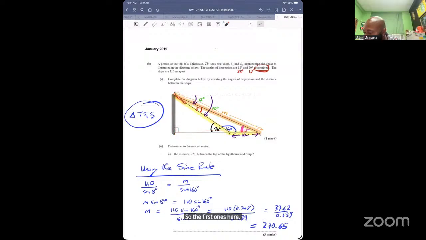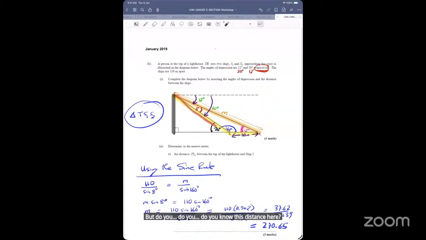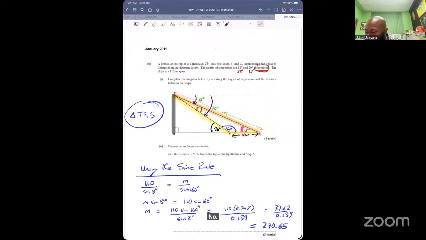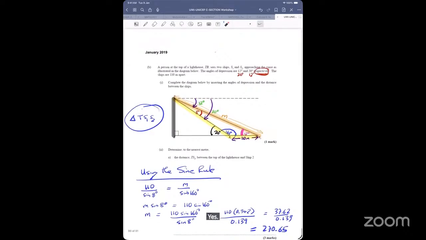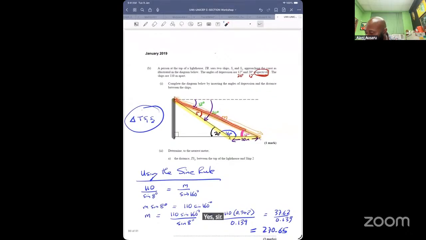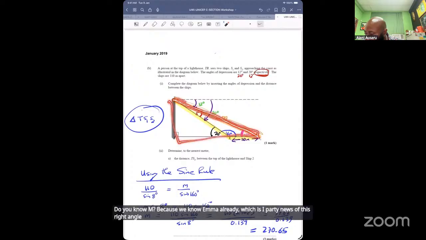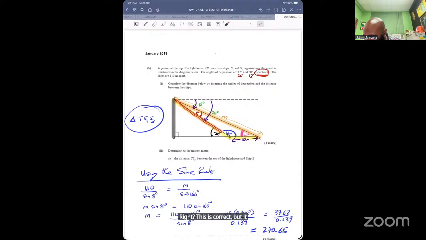But do you know this distance here? No. You don't know that distance. Do you know M? Yes, sir. Because we know M already, which is the hypotenuse of this right angle triangle. This is correct, but it doesn't help you because we don't know this side. We can find it, but that will be too much work.